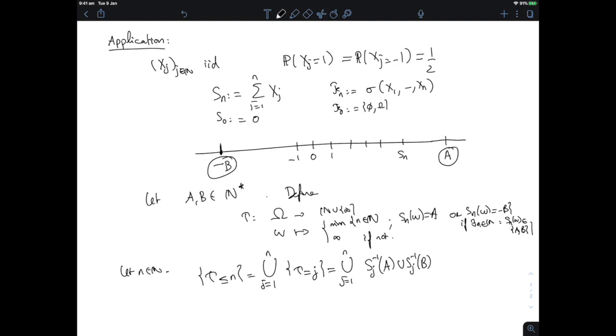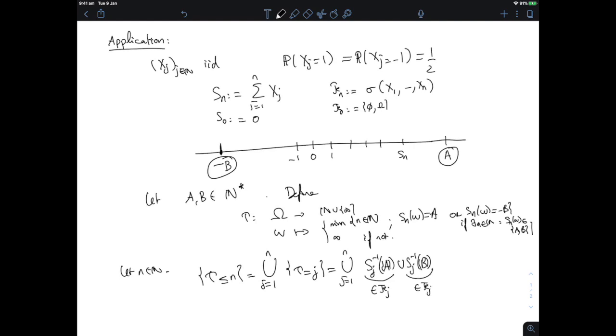But Sj is Fj measurable, so Sj inverse of A, which is a single point, is certainly an element of Fj, and Sj inverse of minus B is an element of Fj.